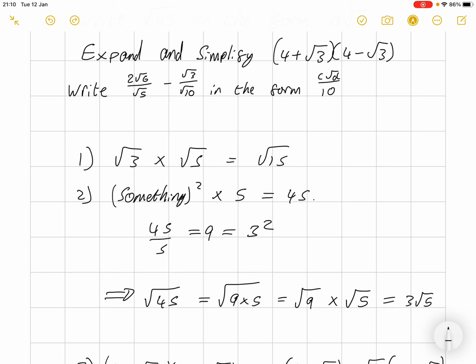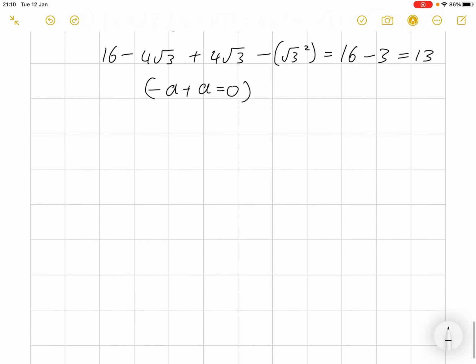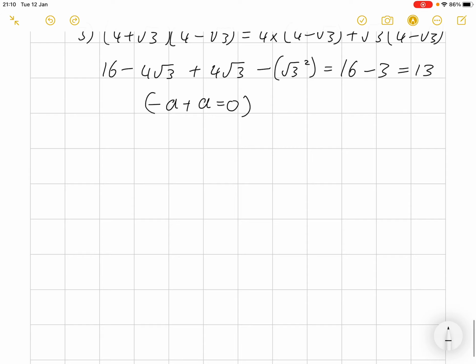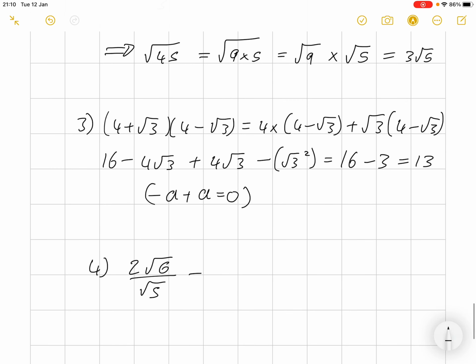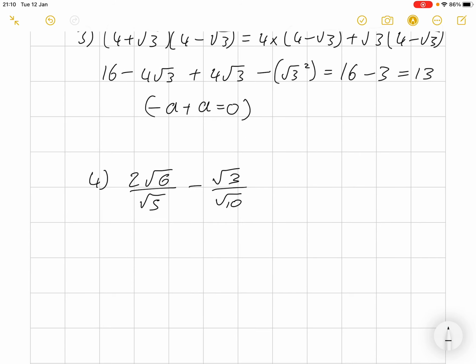So 2 root 6 divided by root 5 minus root 3 over root 10. Now, you may be surprised to know I have actually covered this question before.